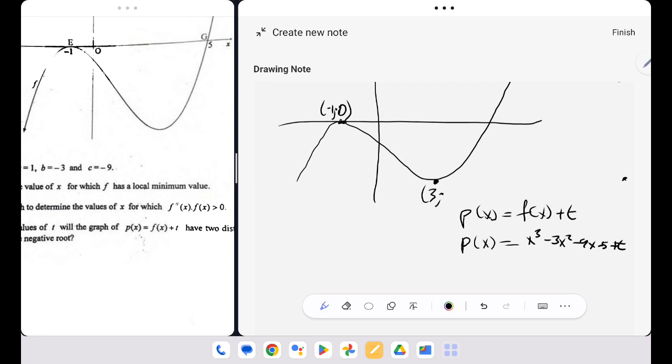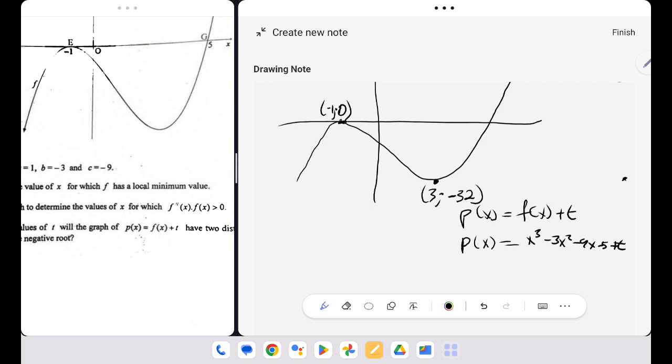Punching minus 3x squared minus 9x minus 5. This is negative 32. Okay.